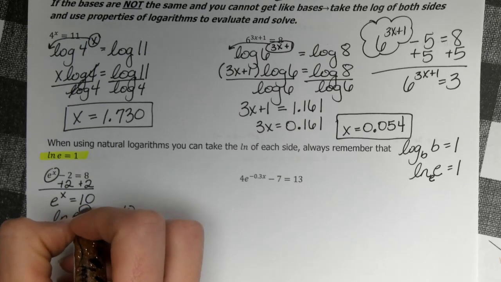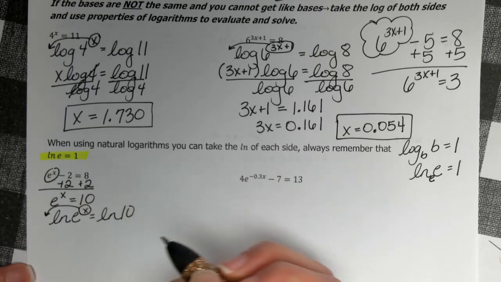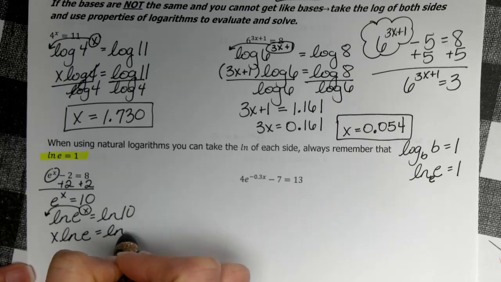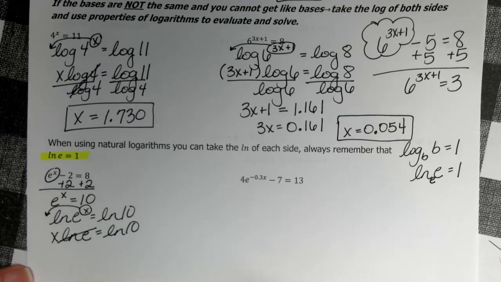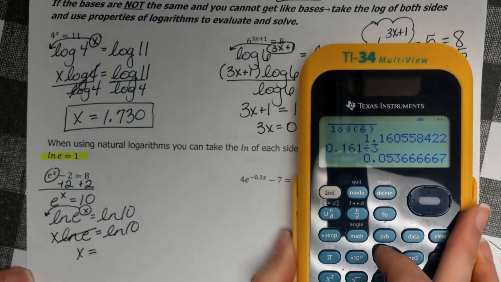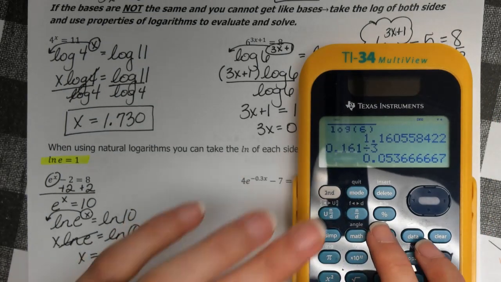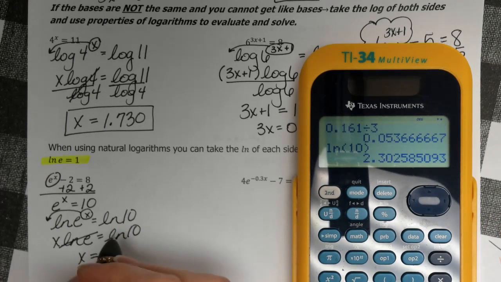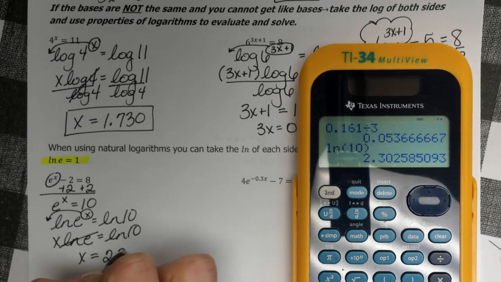Now this x comes forward. But what do I know the natural log of e is? 1. Alright, so that natural log of e is just 1. So I have x is equal to the natural log of 10, which I evaluate. So 2.303.